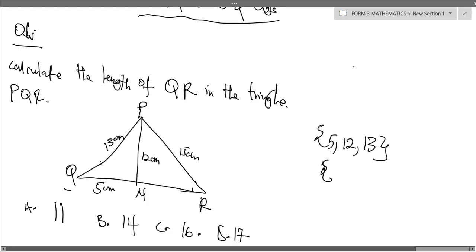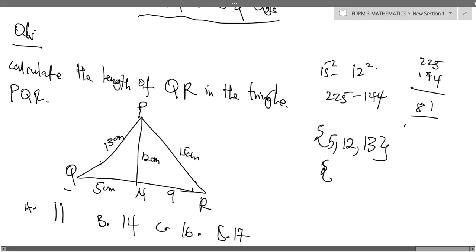So we have 15 squared minus 12 squared, which is 225 minus 144, which is 81. The square root of 81 is 9.